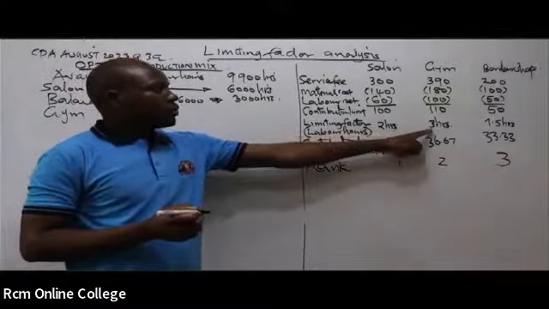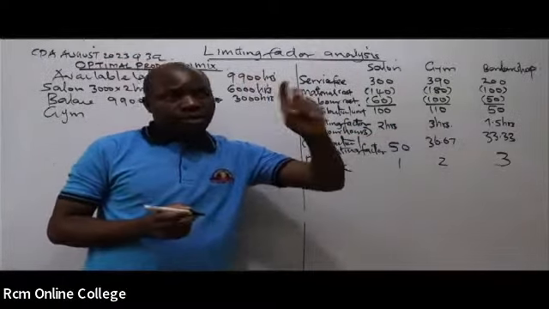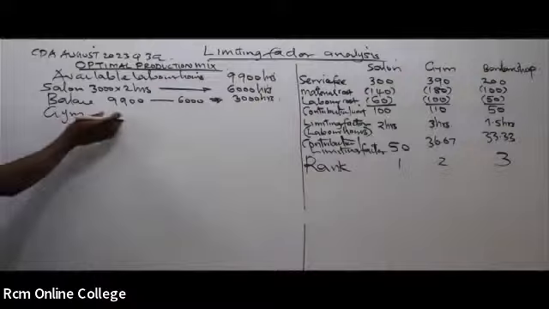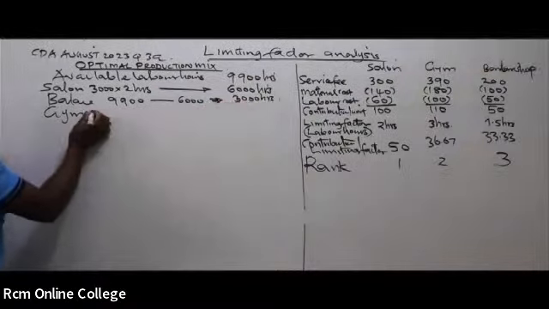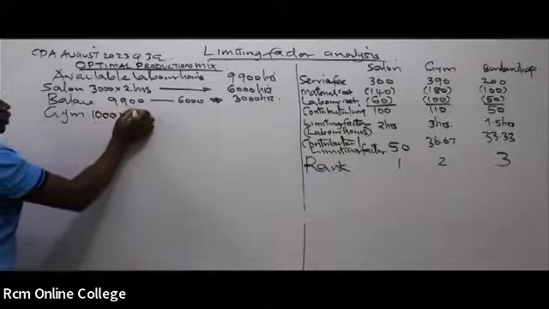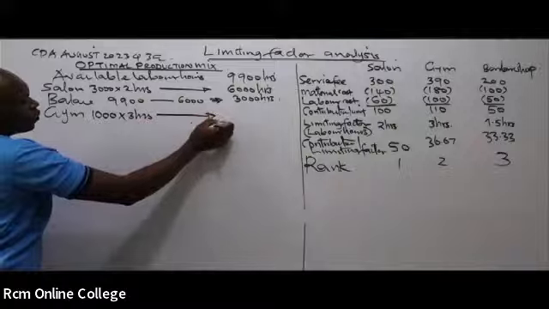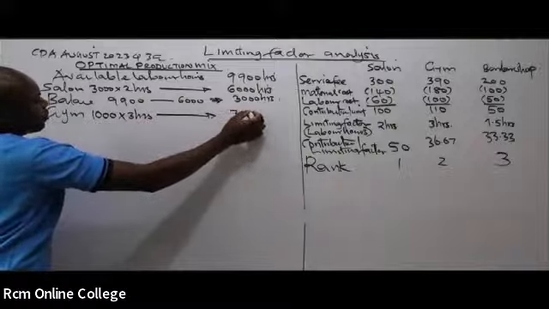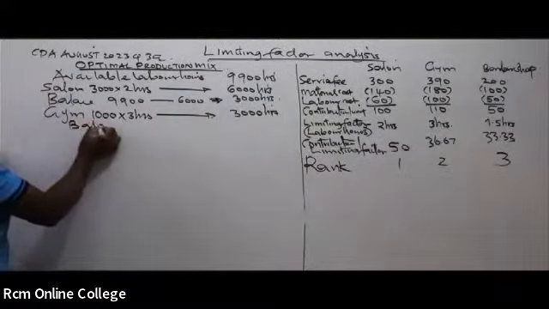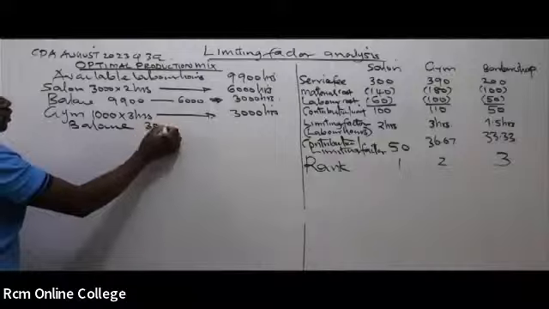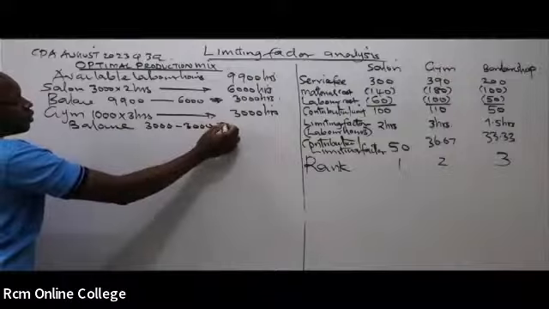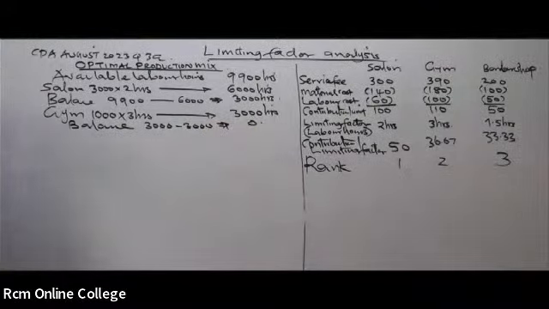In the gym, we use 3 hours per client. So 3 hours times 1,000 gives us 3,000 hours. Do we have a balance? What is remaining? The 3,000 that was remaining minus what we have used. The balance is 0, right?